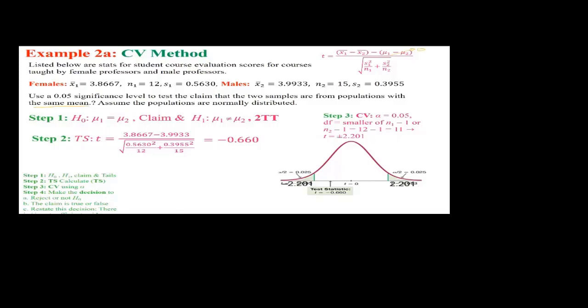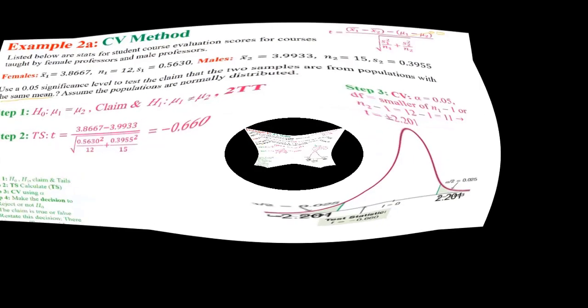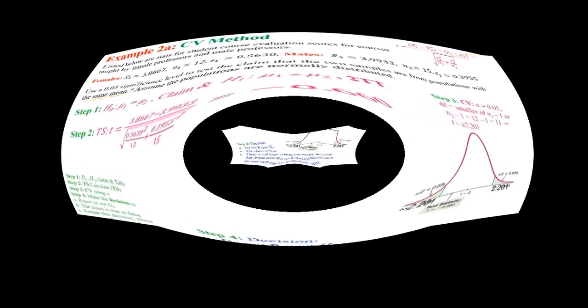So all we did was come up with part A, because that's all the calculation does. The calculation gives us part A of the decision making: do not reject H0. And then what? Well, let's go back to step 1 and see what happens with the claim. If you're not rejecting H0, then you're not rejecting anything next to it, in which case is the claim. So that means the claim becomes true, and you do the rest.